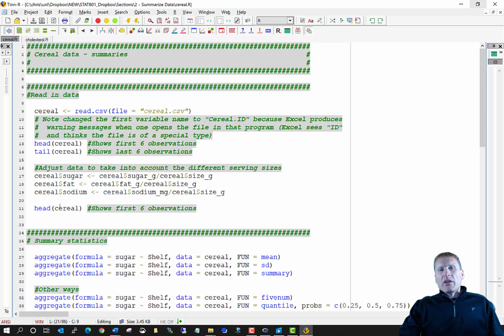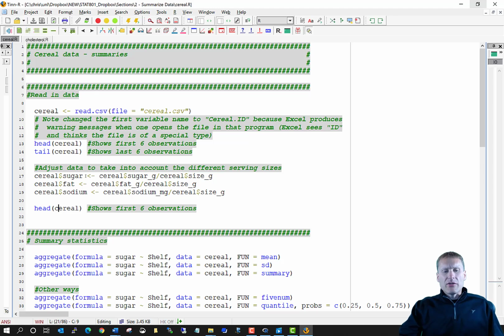Okay, so next, let's take into account that these serving sizes are different for most of the cereals. Wouldn't it be fair to compare one cereal that had a serving size of 1 gram to another cereal that had a serving size of 30 grams? That 30-gram cereal might have more sugar content simply because it's a larger serving size.